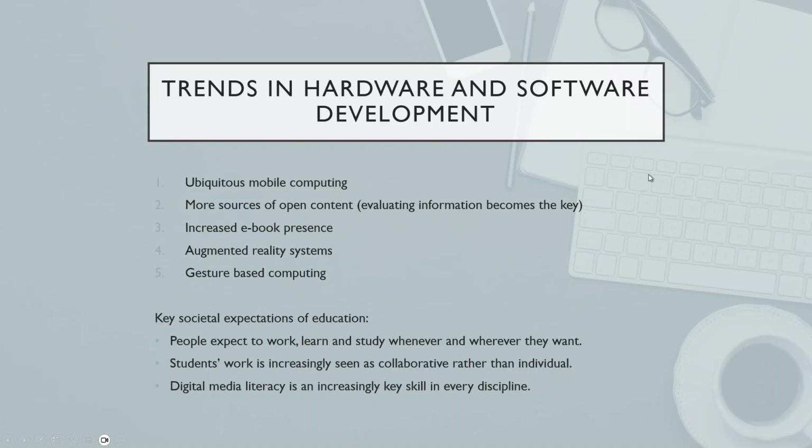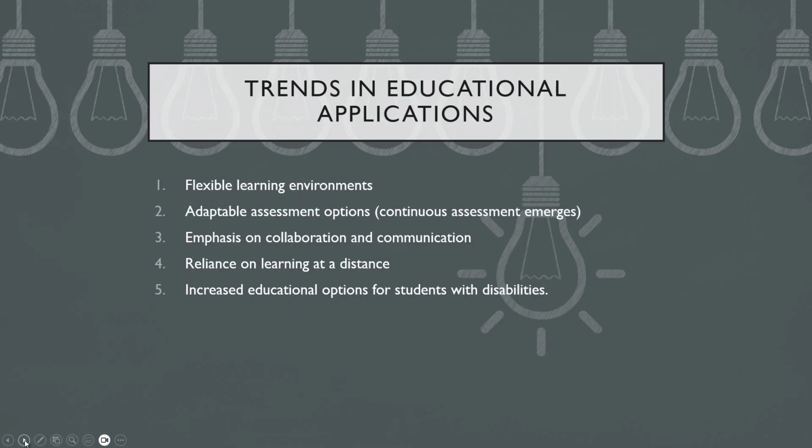So there are some general trends. Actually, we've talked about that. We've got some augmentation, gesture-based stuff. AI is probably the big one, but I've already talked about that briefly as well. There are some trends in education, like flexible learning environments. The Interact 2 site is a version of that as well. Adaptable assessment options, where students could, for example, have different options in their assessment for presenting information, even if the information that is required is fixed.